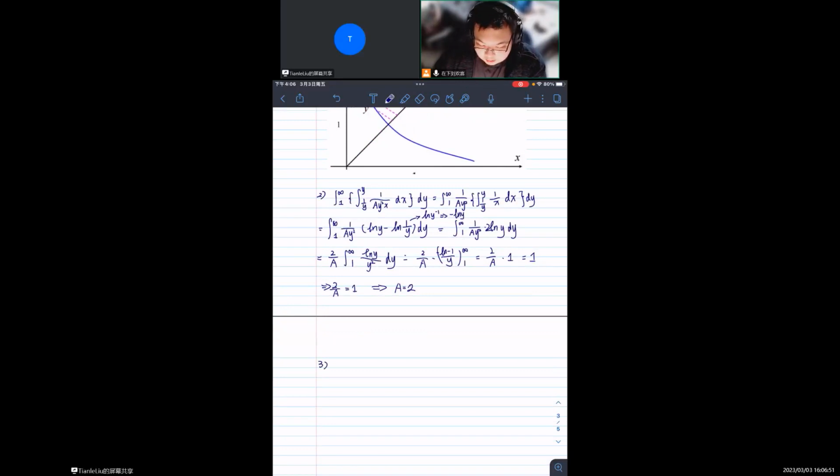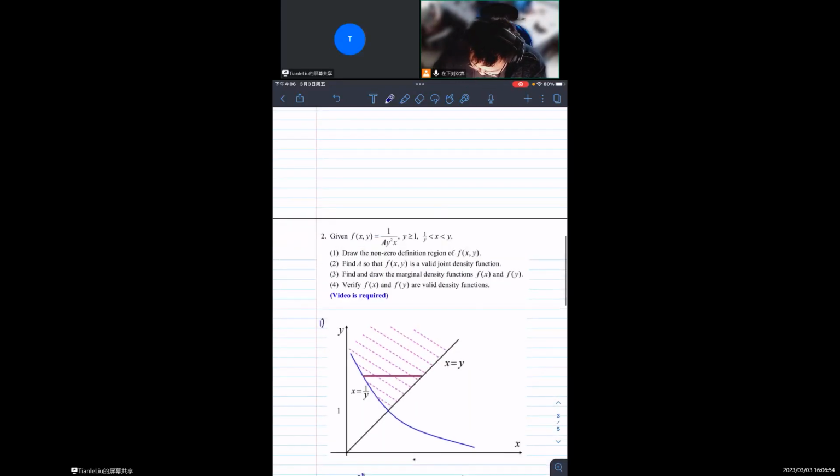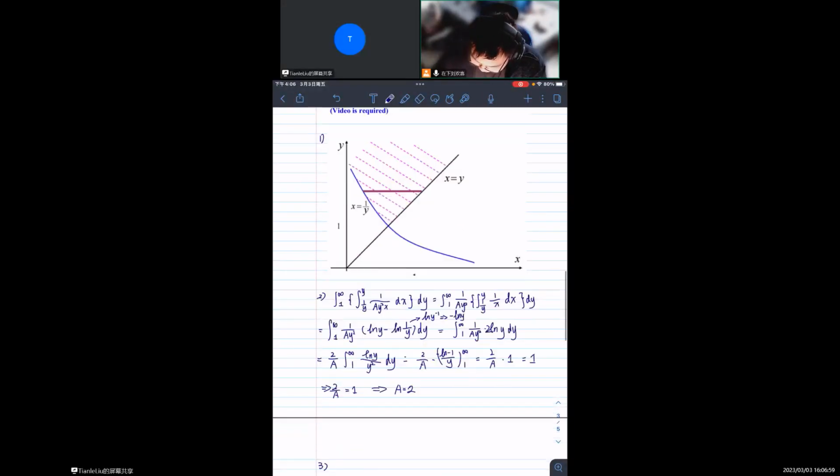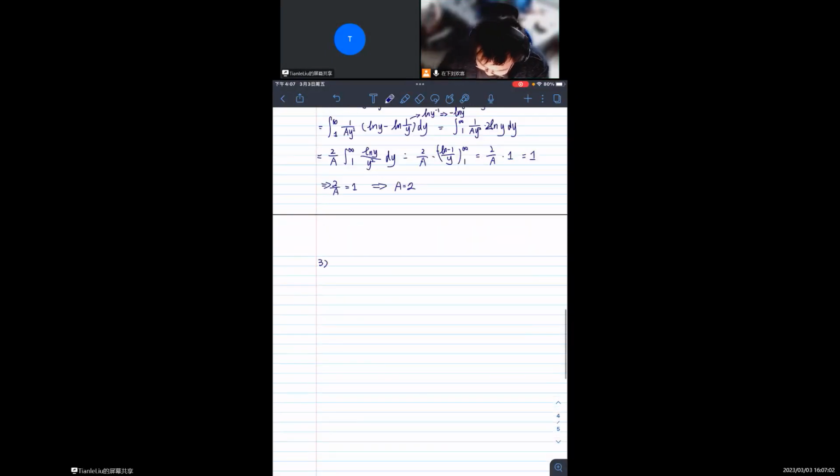For the next one, the problem asks us to find and draw the marginal density functions f_X and f_Y. For the first one, we need to find f_X, which is the integral of f(x,y) dy. For f_X, we need to separate into two ranges. The first is x from 0 to 1, and the second is from 1 to infinity. So we will have it like this.